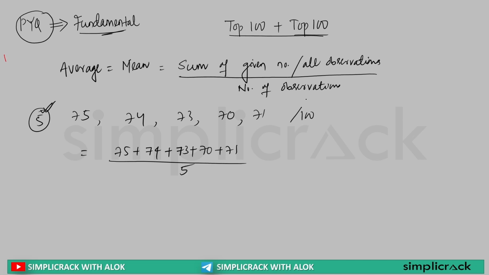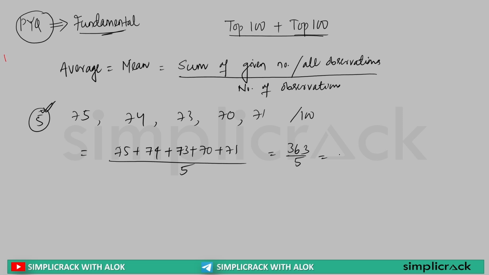Clear? Now 75 plus 74 plus 73, I will simply add it. First, 7 is common: 7, 7, 7, 7, 7, so it is 350. Plus 5, 4s are 9, 3s are 12, 1s are 13. So 350 plus 13 is equal to 363, divided by 5.